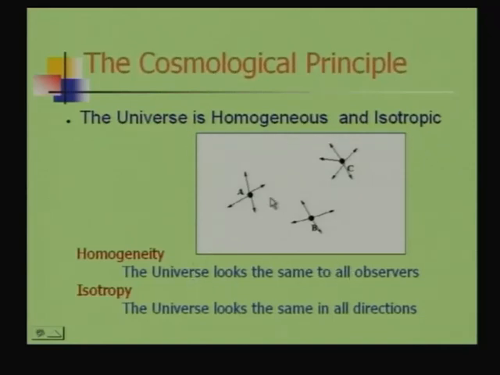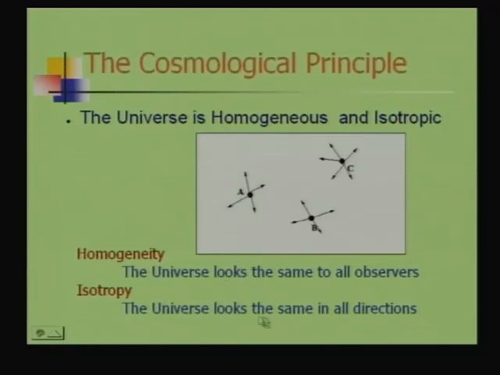Now once I have a boundary, the universe is no longer homogeneous. Why? An observer close to the boundary will see something different from an observer located over here. This observer is close to the boundary, this observer is far from the boundary. So the boundary imposes a preferred position, and once you have a preferred position, you no longer have homogeneity.